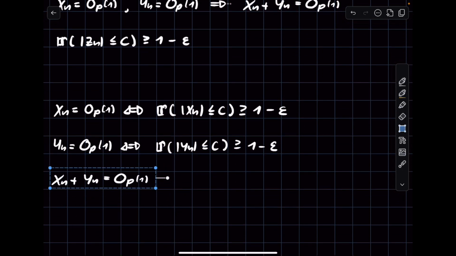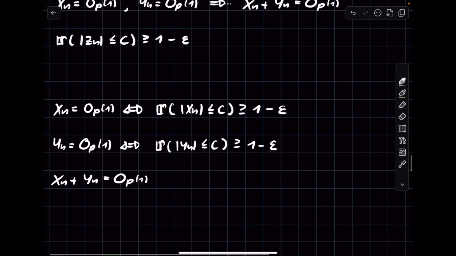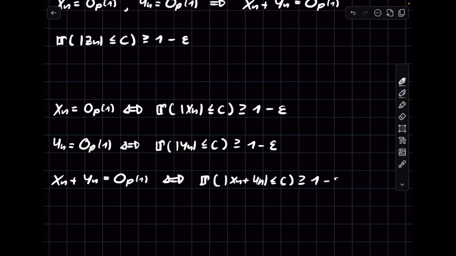Now the thing is we want to prove this, and this would state that x of n plus y of n is lower or equal to c, with probability 1 minus epsilon. Now, what we want to do is a little trick.